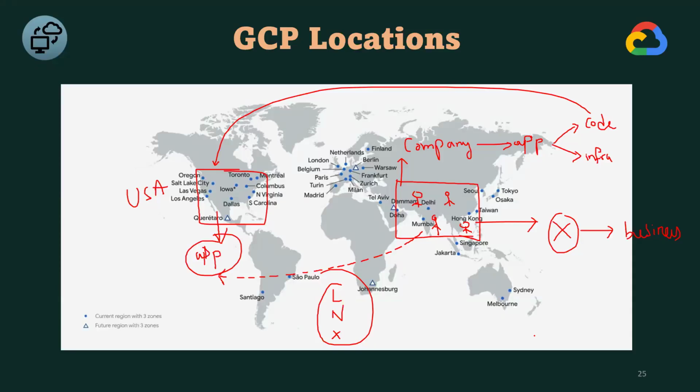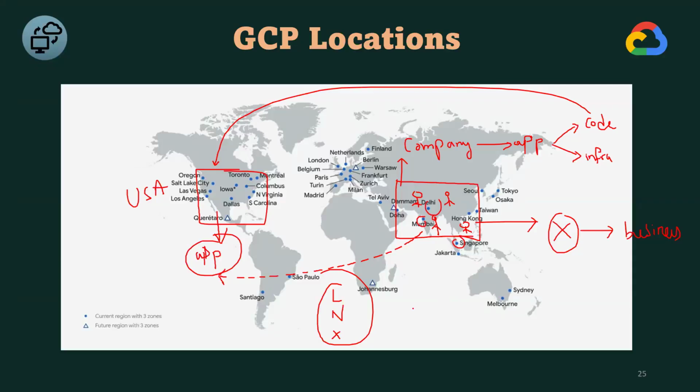Many companies in the past have already faced this kind of issue, and they came up with the first point: whenever you want to deploy or create a resource, do it near to your target users. Instead of deploying in the USA data center, you can deploy in Mumbai or Delhi, or maybe near Singapore.